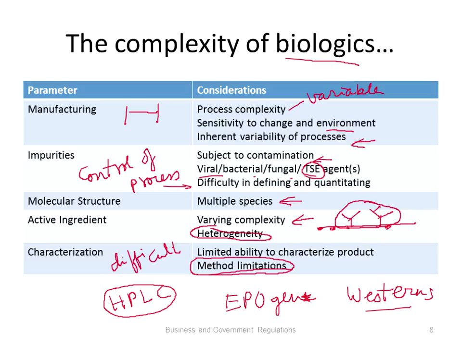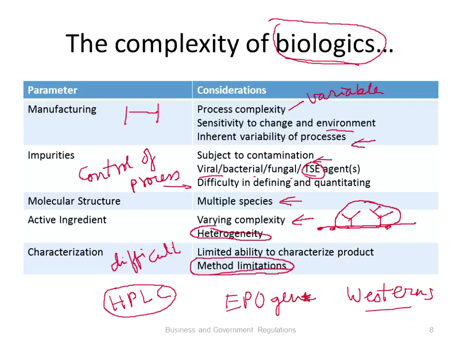Right? So what I'm trying to say here is that the biologics products are much more complex than small molecule products, and therefore the CMC section for biological products has to be that much more thorough.